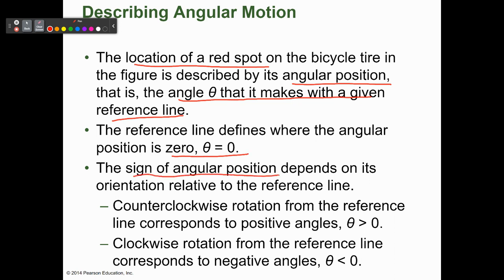The sign of the position depends on the orientation of the reference line. So if we are counterclockwise rotation from the reference, that means that our angle is going to be greater than 0. If we're at a clockwise rotation from the reference, that means that our angle is going to be less than 0. So you definitely want to write those things down, okay?